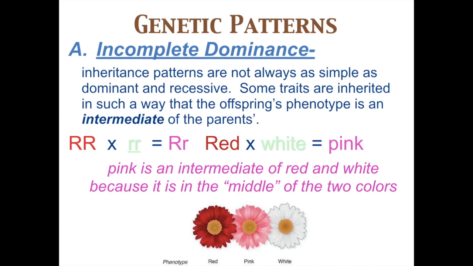So this is where you might have black here, brown here, and blonde here, or brown eyes, hazel eyes, and blue eyes. Here we have incomplete dominance. We have a red flower mated with a white flower, and that gives us a pink flower. So that big R, little r, that heterozygous, in the case of incomplete dominance, will be pink, a mixed color.